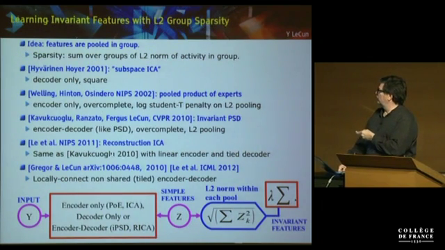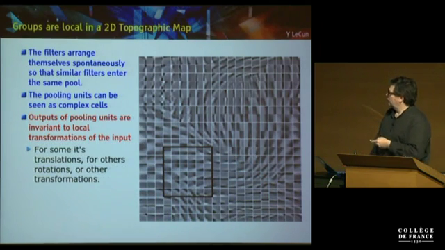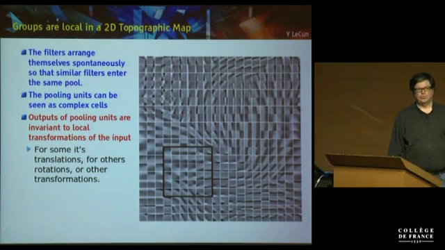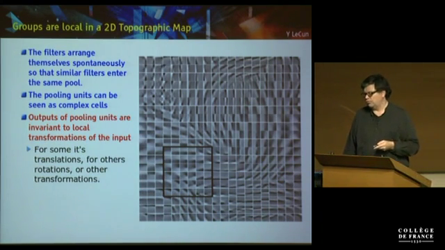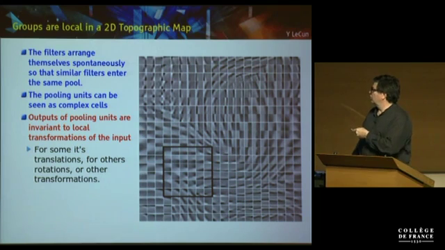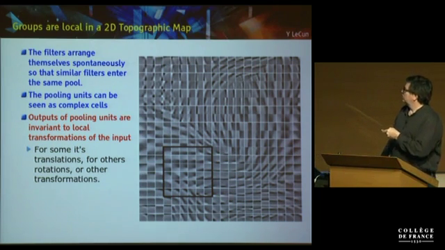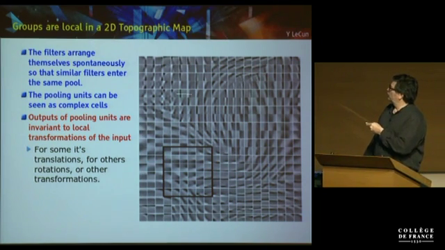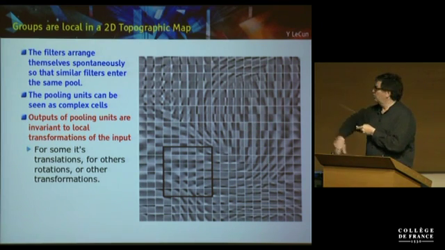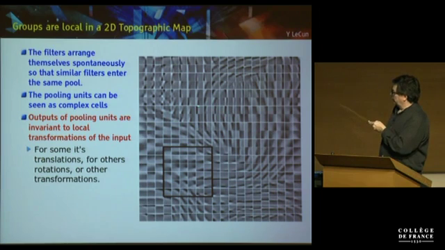meaning that these are similar filters pooled, grouped together in a pool. Several methods were proposed in the past in different contexts, especially for analyzing independent components and other contexts. But what's interesting about this, and this is more interesting for people in neuroscience than in computer science, is that if you organize these pools, these are components of Z. Here you see the decoder's columns.